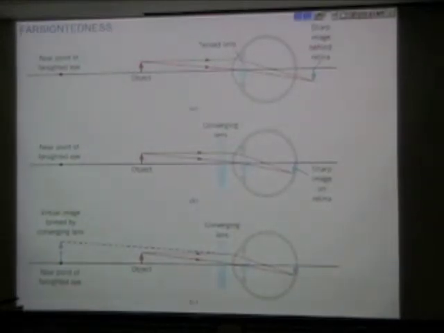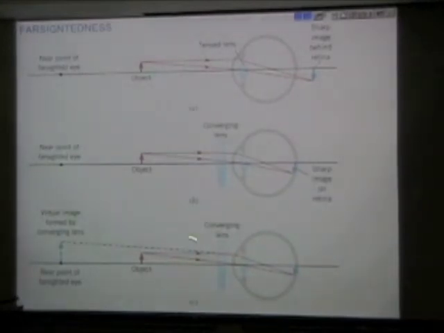That's what we call the near point of an eye. It happens because the lens is not so flexible anymore as in a healthy eye. So for close objects, the image is actually behind the retina. So now we want to converge the rays a little bit more, so we have to use a convergent lens.